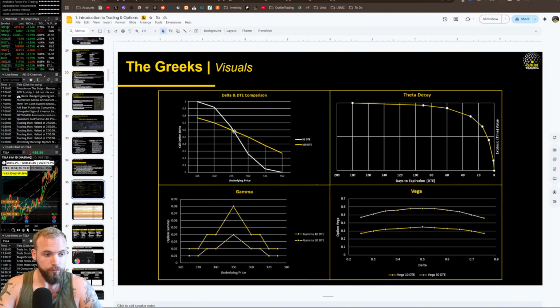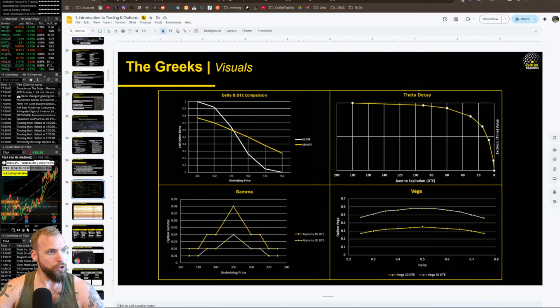Okay. Notice how same strike, same spot price, looking across different expirations. Take a look at the shape of delta. What do you notice? You should notice a very important gap that exists here and here.